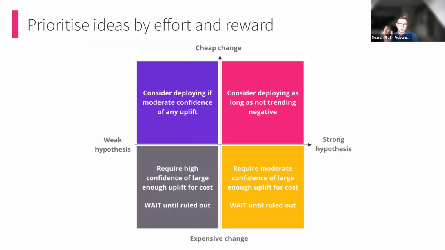If you read the top right, it says, consider deploying as long as it's not trending negative. Now, the idea around this is, although we are trying to make SEO more scientific, we all have a business to run, right? We don't want SEO testing to become a reason never to make changes. And so the threshold for rolling out a test will be different depending on which quadrant the test is in.